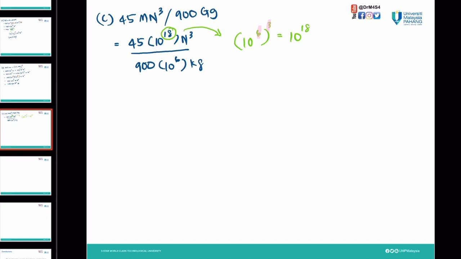And then how do we get this unit? Take it here. Our unit for this one is gigagram. So we have to convert into kilogram.